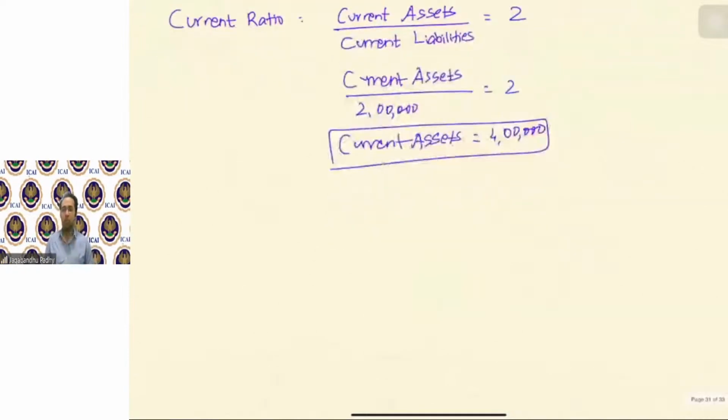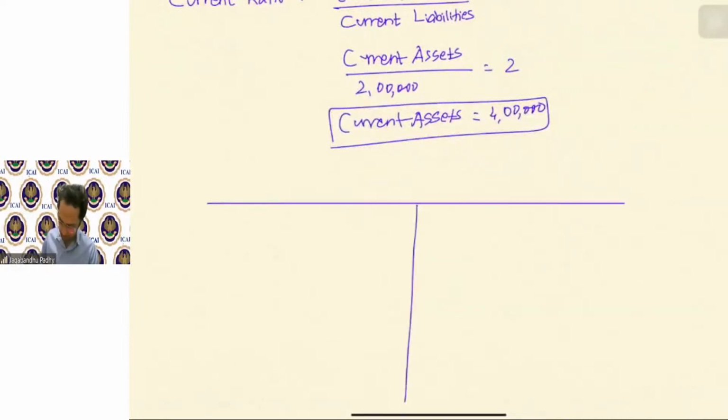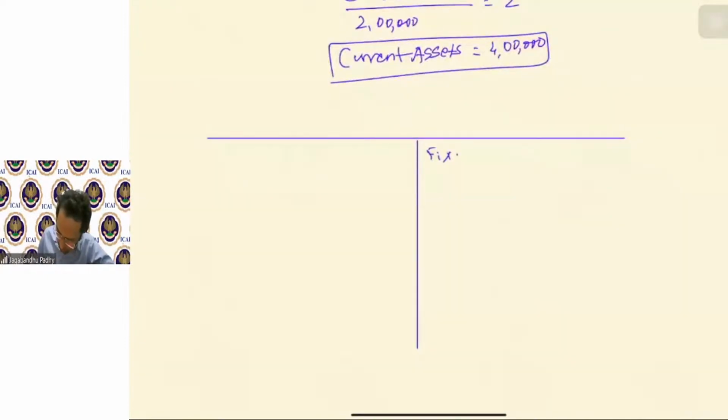Now we are good to go with the balance sheet to complete it fully. Okay, so we've got fixed assets. Then in the current assets, we have 3 items.